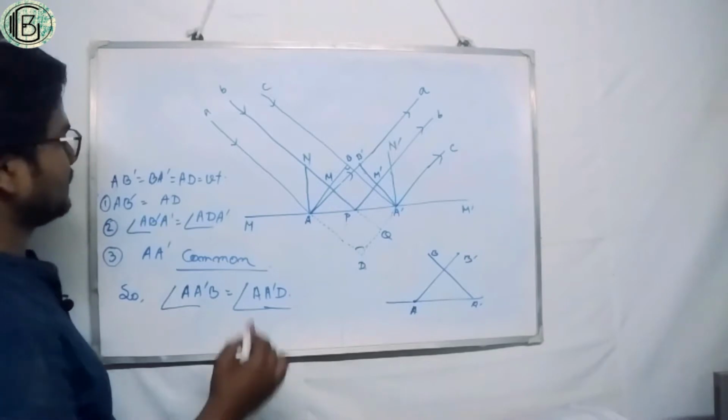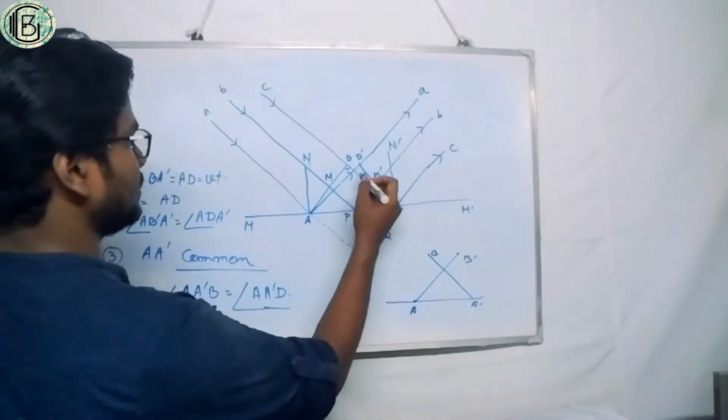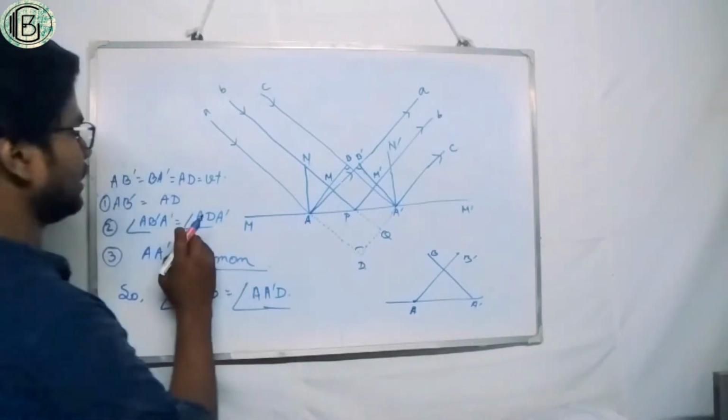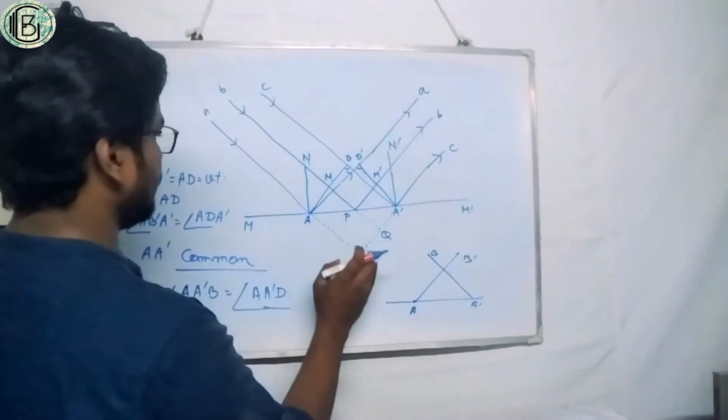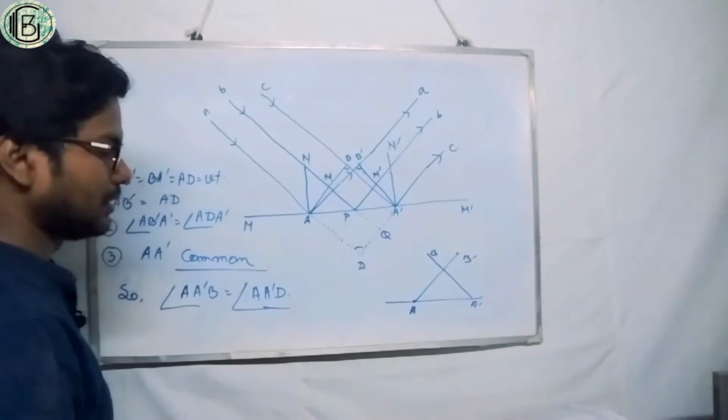Because as you can see, AB prime A prime is actually 90 degrees, and ADA prime is also 90 degrees.